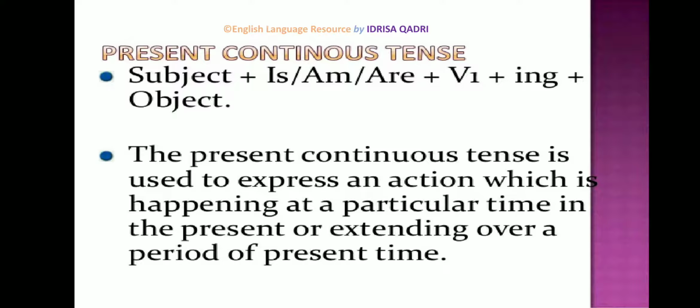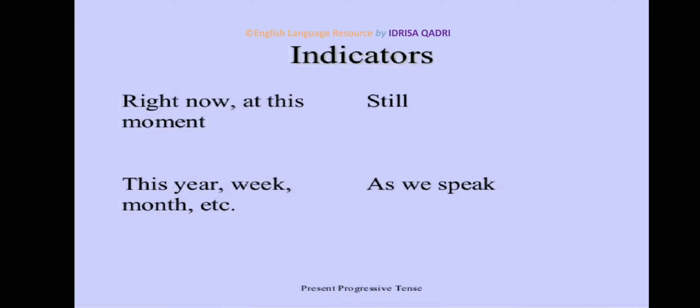The person may not be reading the novel at the present moment, but has started the task. It is also used to express an action that is planned to take place in the near future. For example, we're going to the market in the evening, or he is leaving tonight. Here we have the indicators of present progressive tense.